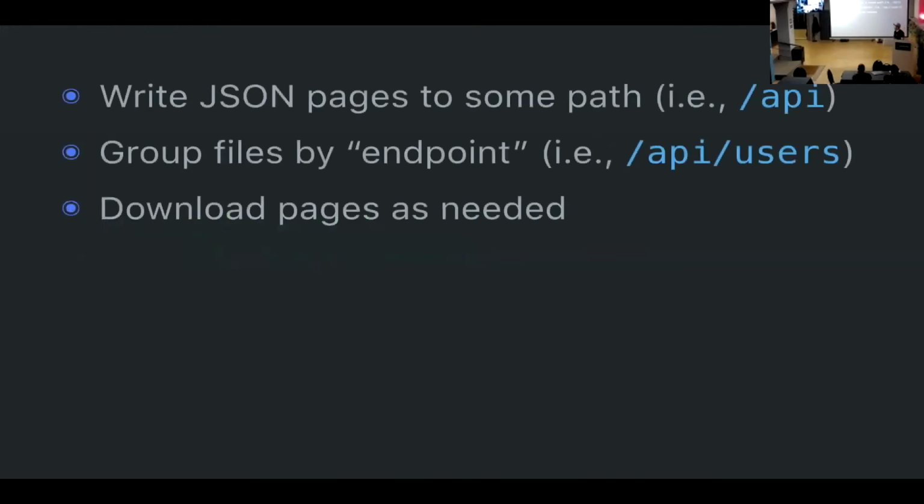And how can we do this in our static setup? How can we achieve something similar? Basically, we can just write JSON pages to our file system, right? We can create JSON files during the build, write them to the file system, for instance, in a folder /API. And then we could group them as well.